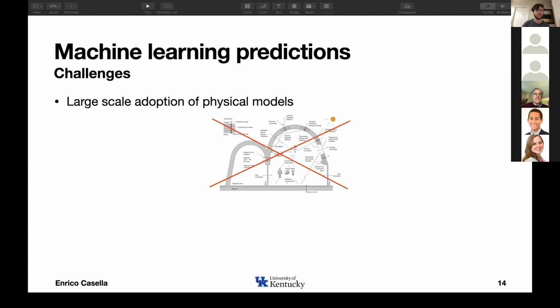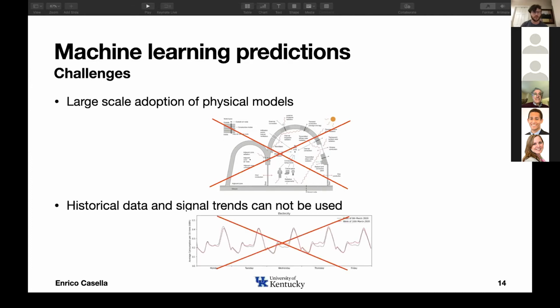Now, the problem with the first approach is that if we think of our system as a large-scale system, getting to know all the characteristics of each house is basically impossible. And so we want to use the second approach, which is machine learning.